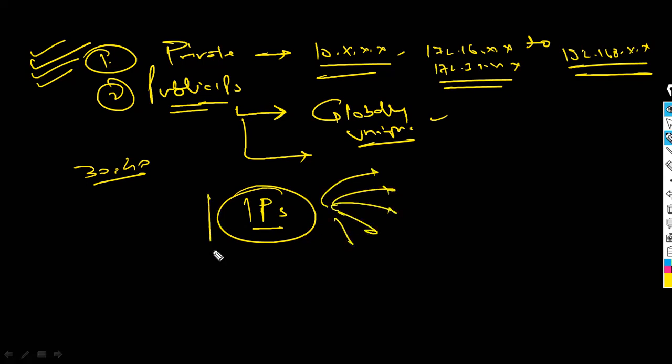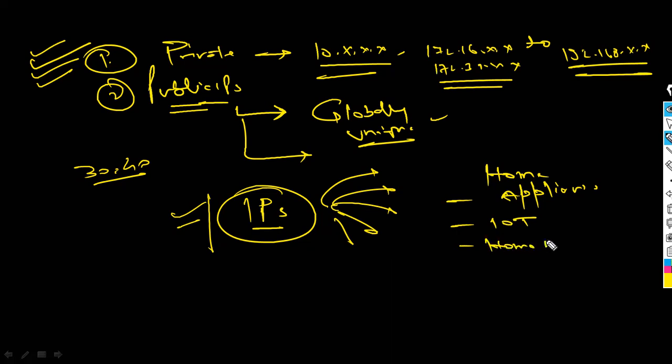But nowadays IP is everywhere. An IP address is assigned to your home appliances, IoT devices, Internet of Things, and other home automation appliances, plus your mobile phone, your tab, and a whole bunch of devices.